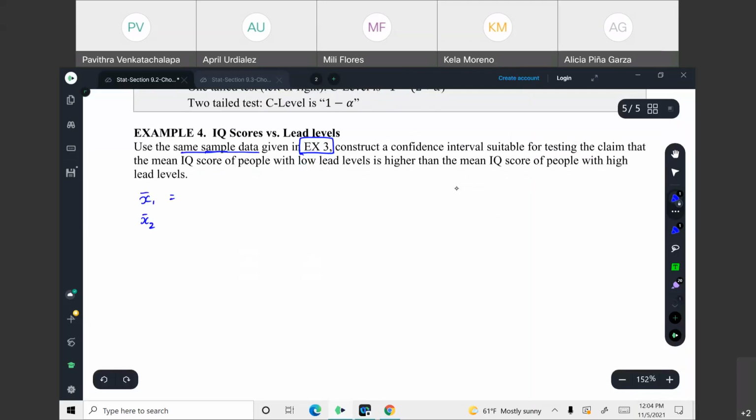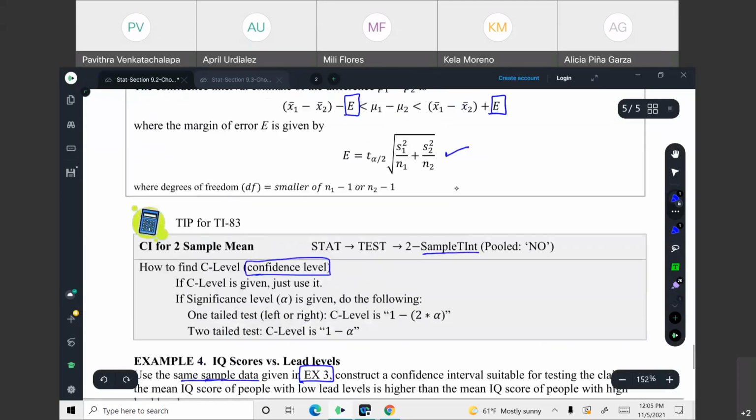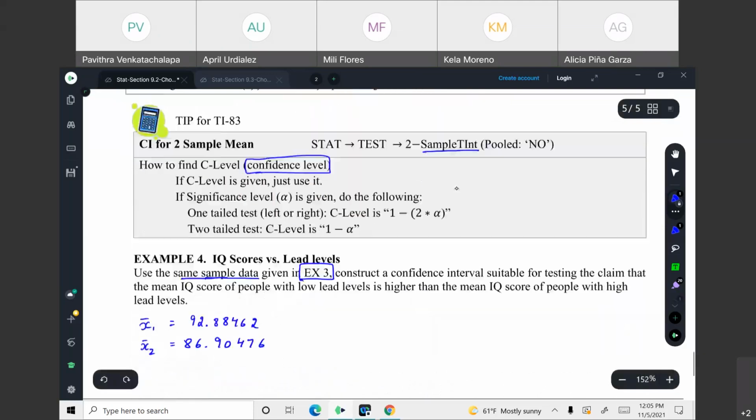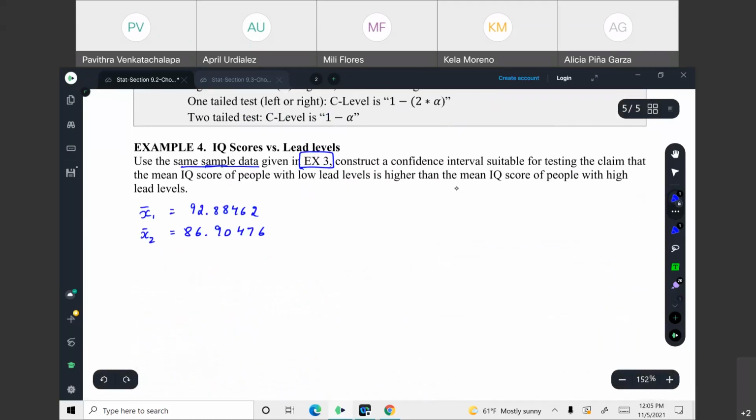According to your example 3, this is your x1 bar, 86.90476. Then you need to find your margin of error, that is E. To find E, you need alpha, S1, S2, N1, and N2. I will give you all the data here, from example 3 of the same section.